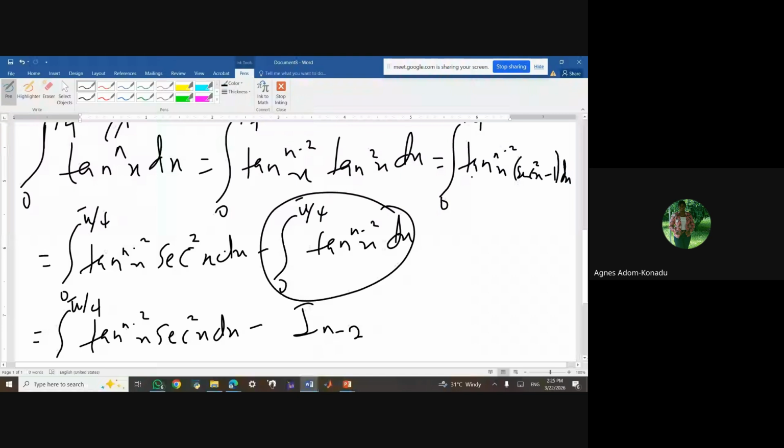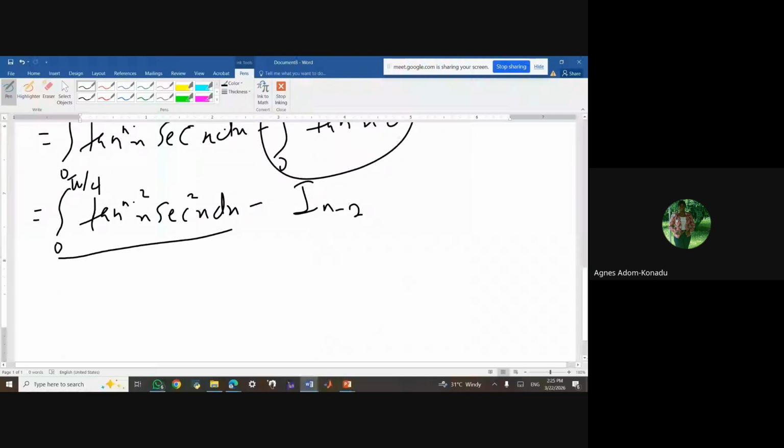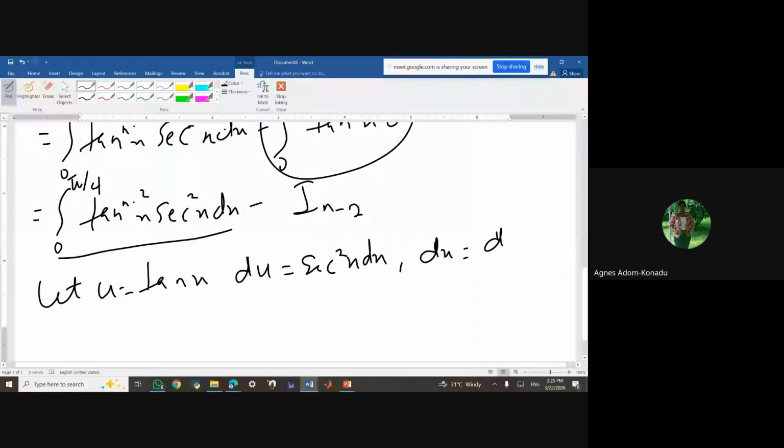Okay, so I want to integrate this part. So let my u be equal to tan x, so that when I differentiate, du will be sec squared x dx. So when I make dx the subject, my dx will be equal to du over sec squared x.